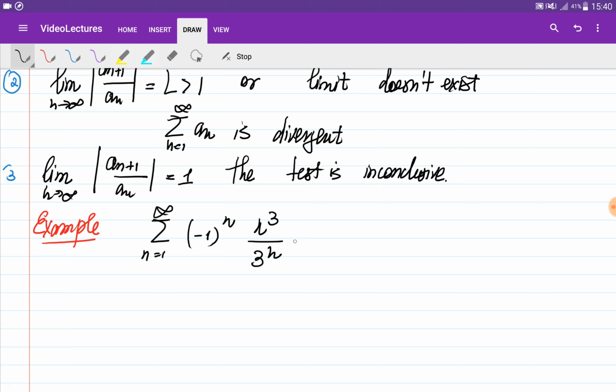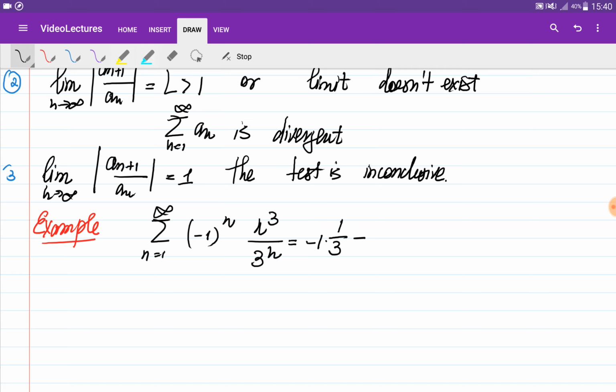A couple of first terms of the series can be written as follows. If I substitute n equal to 1, we get minus 1 multiplied by 1 to the power of 3 divided by 3 to the power of 1, so minus 1 over 3.